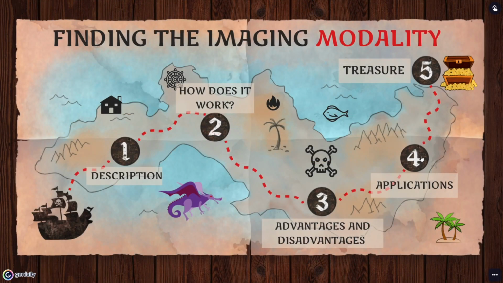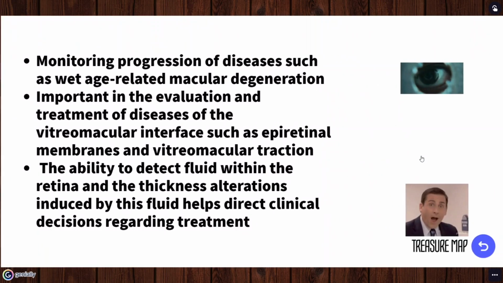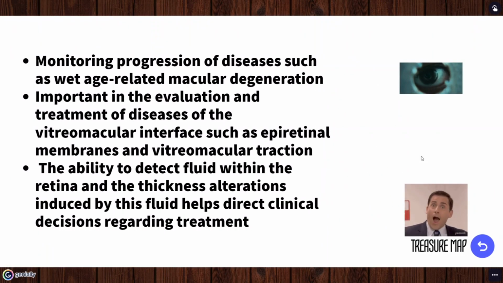Now we're going to talk about applications. At the present moment, optical coherence tomography imaging is used extensively for imaging the macula, the optic nerve, and the retinal nerve fiber layer. It aids in analyzing the morphology and quantifying changes in various disease states.